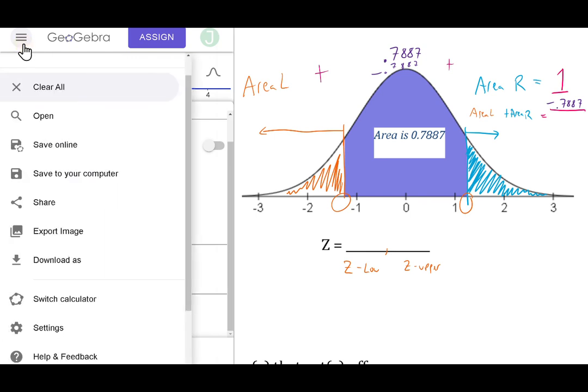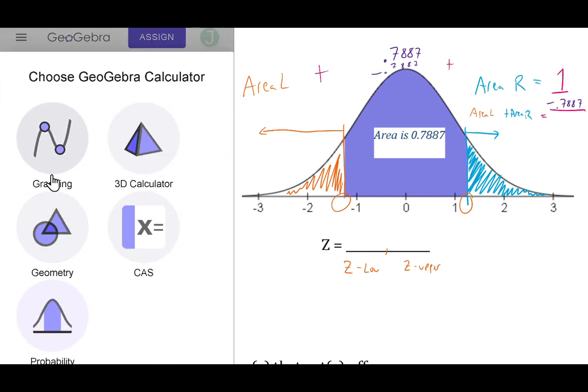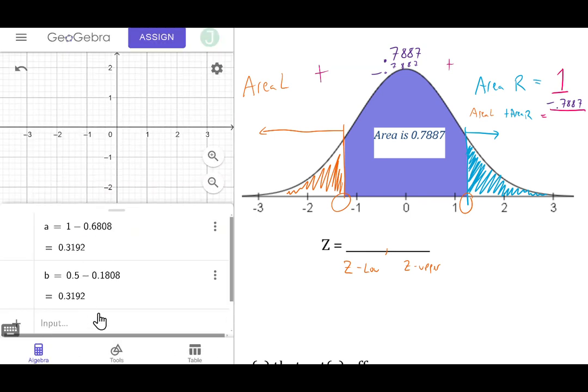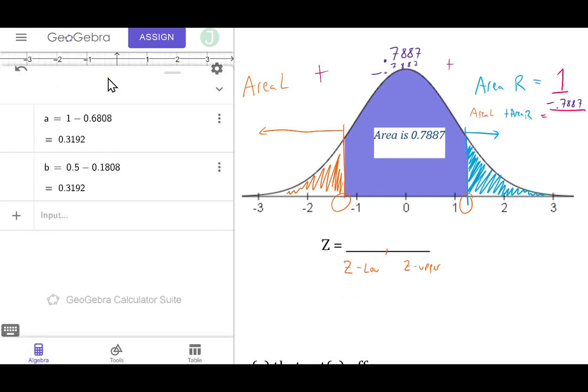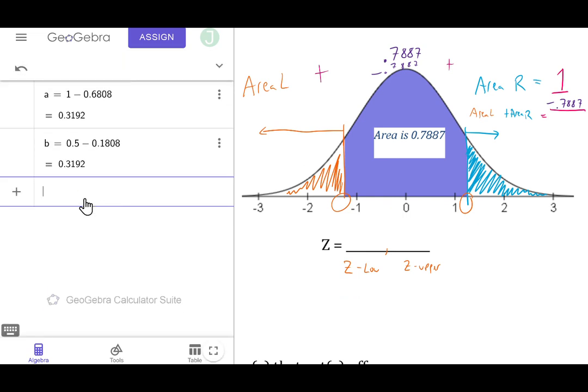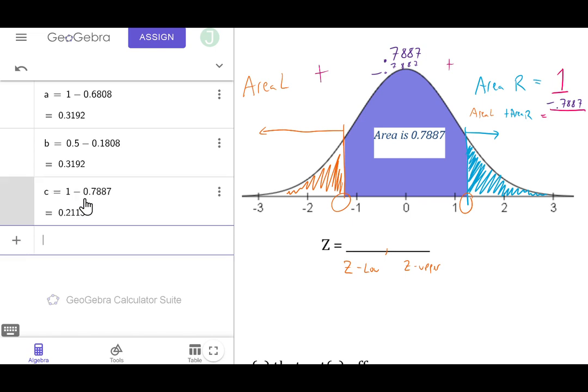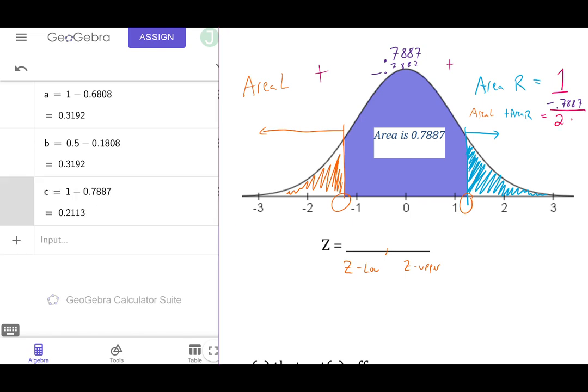In GeoGebra, we can click on the hamburger, switch calculator back to graphing, and we can do what we were talking about earlier, which is to find the complement. 1 minus 0.7887, and we'll find that the two areas together will add up to 0.2113.